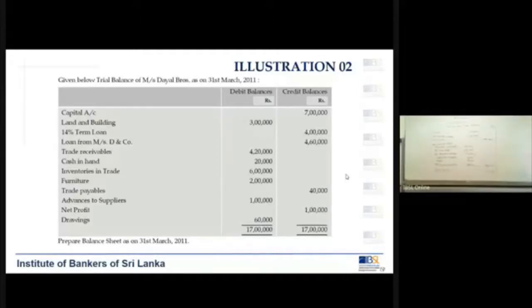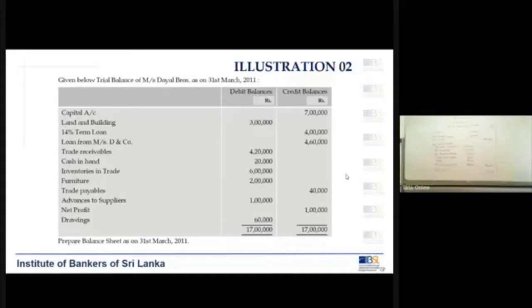But the problem here is, when you go through the list of trial balances, you have various types of items there. So you need to put these items into the right place. I have given you the template, that is tangibles, intangibles, then current assets, then the capital, the profit, the drawings, the long-term liabilities and the current liabilities.